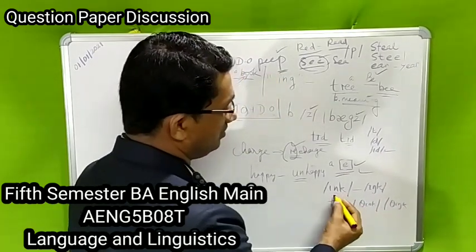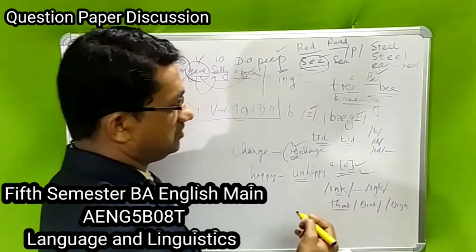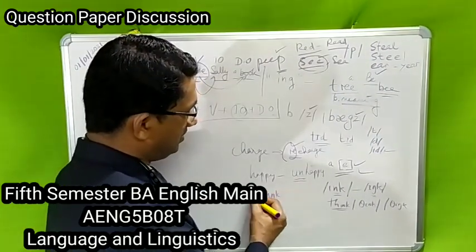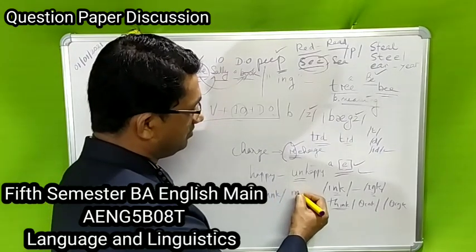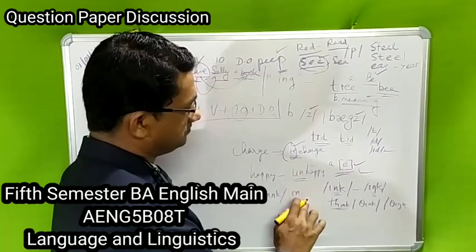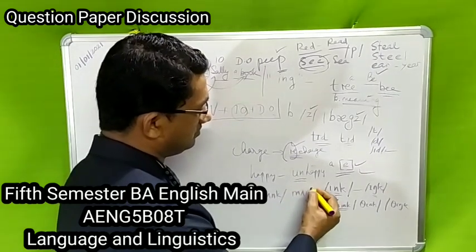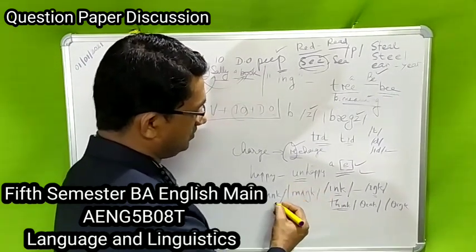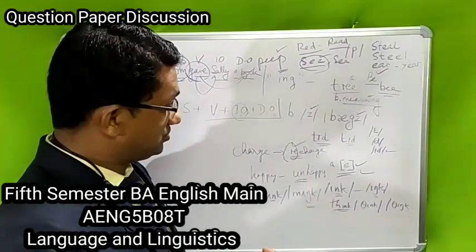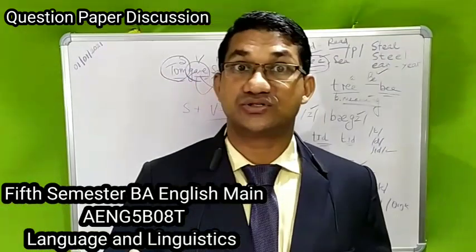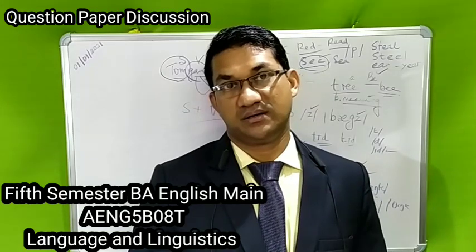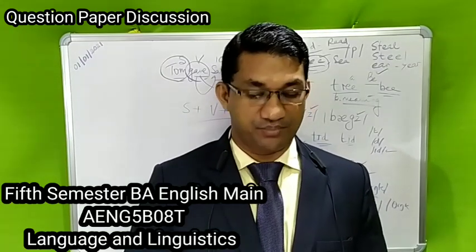Similarly, you have monk, becoming monk. That is historical assimilation. Similarly, you have horseshoe becoming horseshoe, standpoint becoming standpoint.